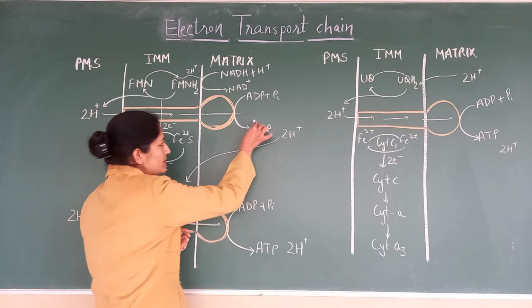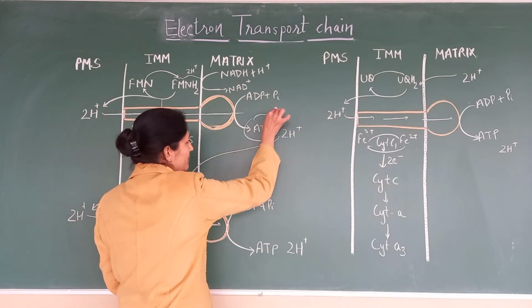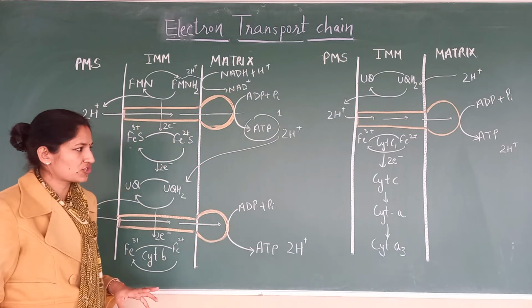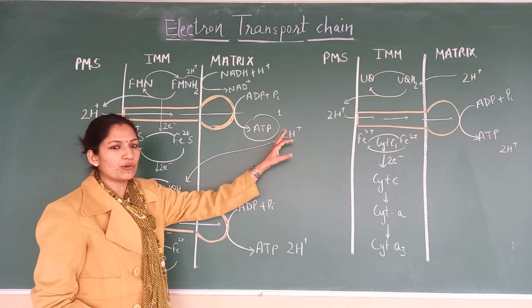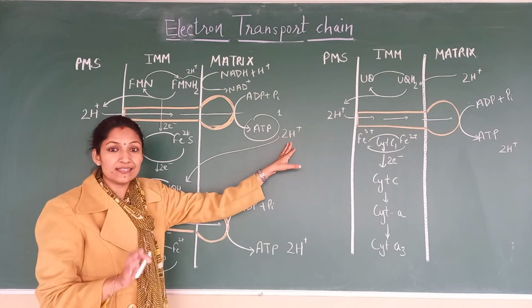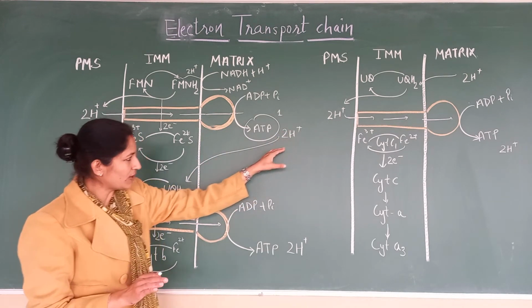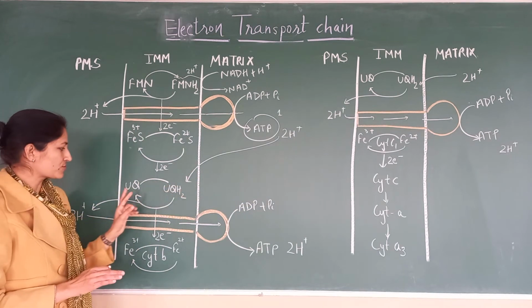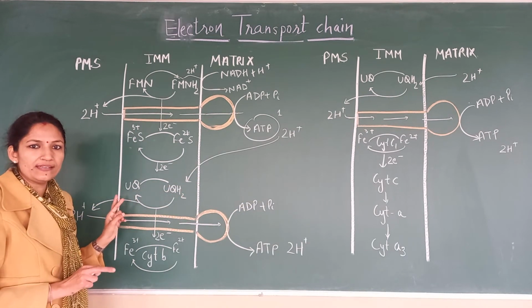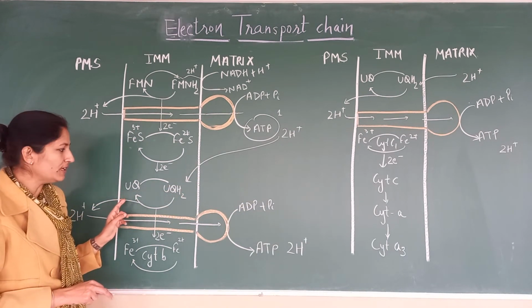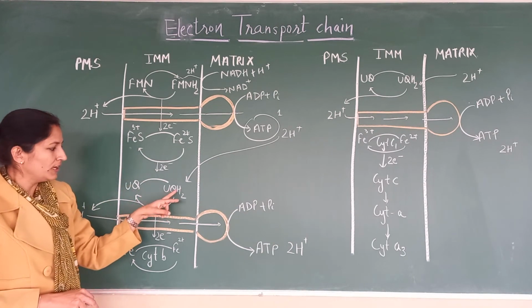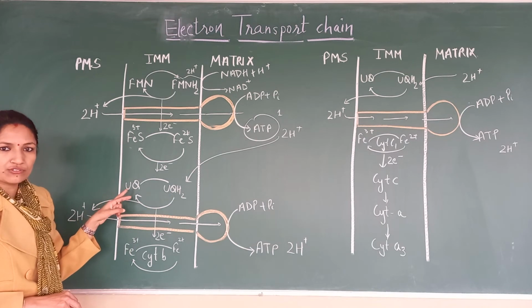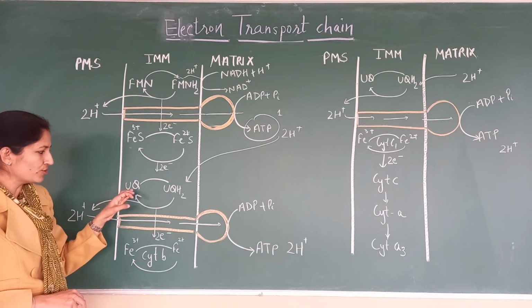So here this first ATP is generated from this one NADH plus H positive molecule, and the protons which are brought this side still have more energy. So now they are going to get reduced to another mobile electron carrier, ubiquinone. Ubiquinone is reduced to form QH2, and there it is going to get oxidized to form UQ.